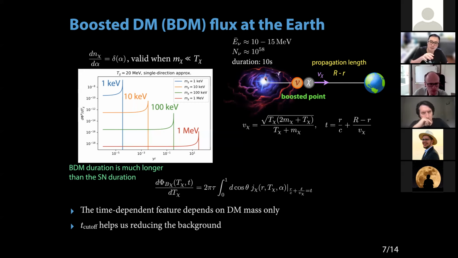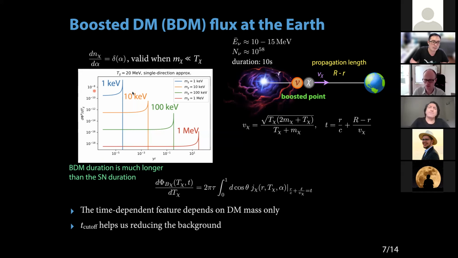This is because the dark matter mass is much, much larger than the neutrino mass. So after the scattering, even though dark matter is relativistic, its velocity is still much smaller than the speed of light, so it takes longer to propagate to the Earth. That explains why the BDM flux will not arrive at the Earth simultaneously with the supernova neutrino.